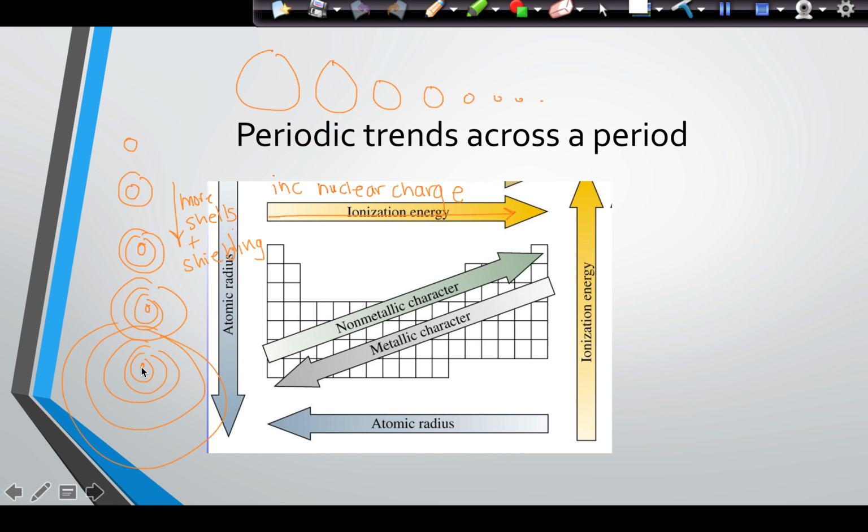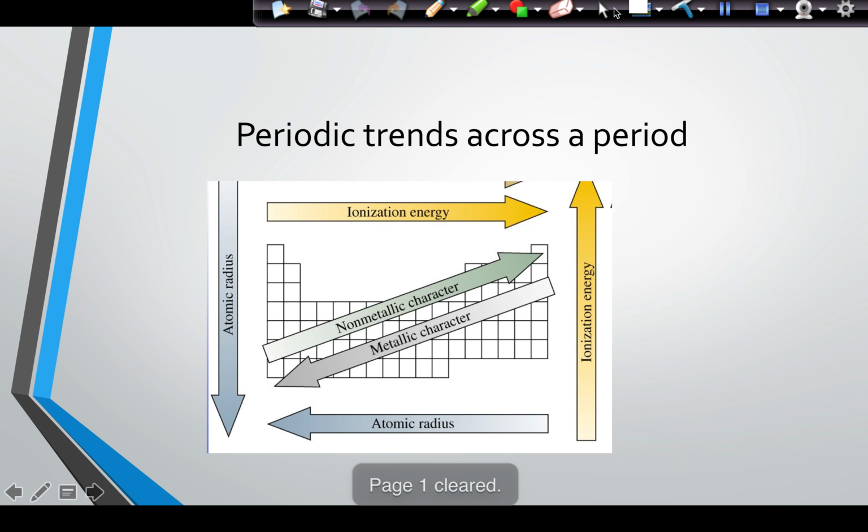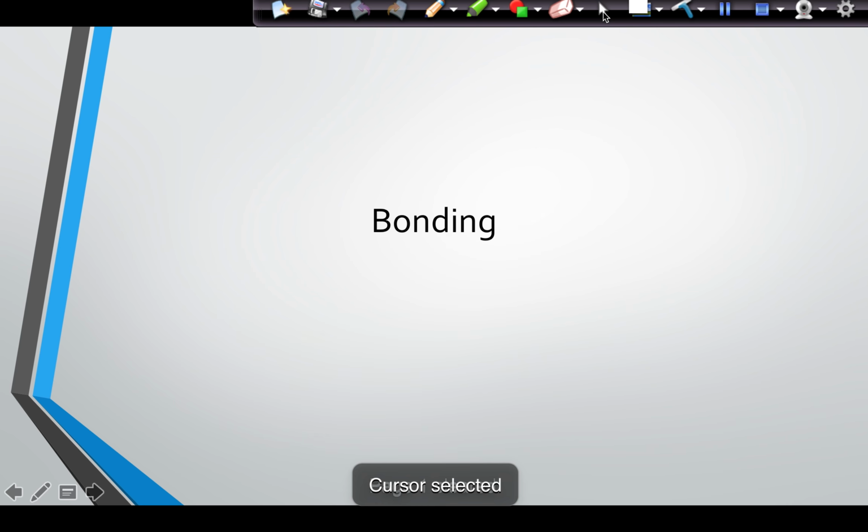These shells get in the way of the ability of the nucleus to hold on to those valence electrons. So that also makes the valence electrons easier to remove. So the electronegativity decreases, and so does the ionization energy as we go down, whereas electronegativity and ionization energy both increase as we go across because there's more positives in the nucleus to pull in those negative electrons.